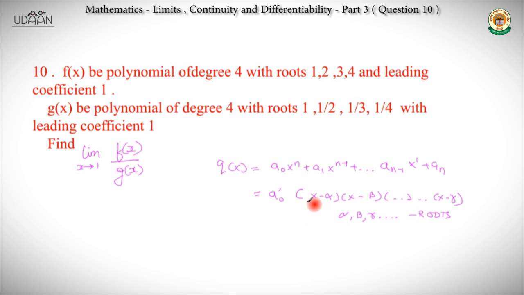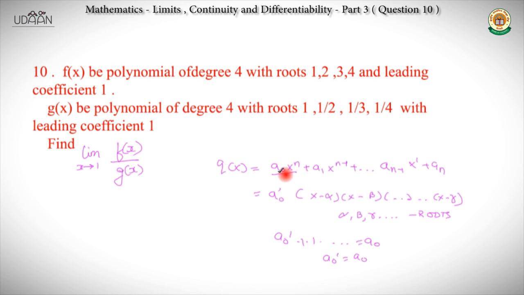So collecting coefficients, we get a0 dash, 1 from here, 1 from here and so on. This is equal to a0. Right. So we can conclude that a0 dash equals a0. So the leading coefficient is the coefficient of x raised to n. So leading coefficient is basically the coefficient of the highest power of x in any equation whatsoever, right?